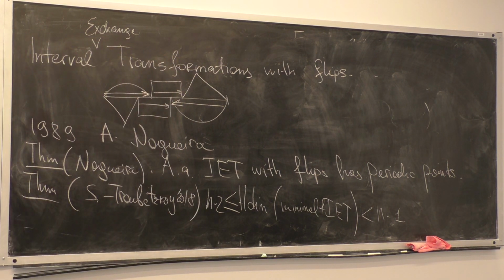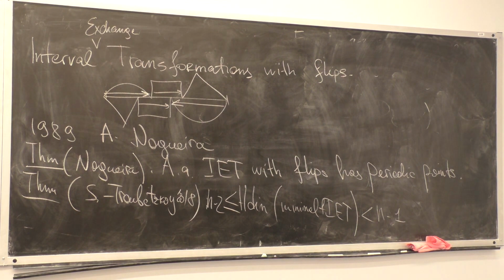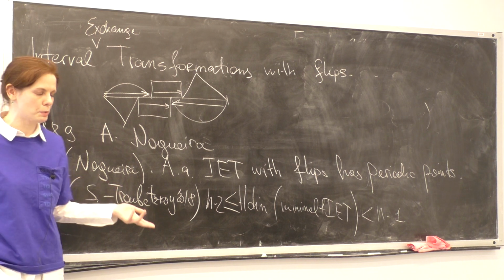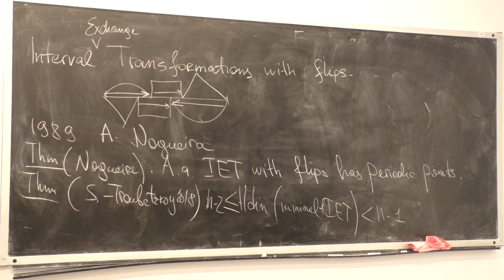You can ask me if anything is known about these minimal interval exchange transformations with flips. For instance, if we restrict ourselves only to minimal ones, can we prove something similar to Veech and Masur about unique ergodicity?